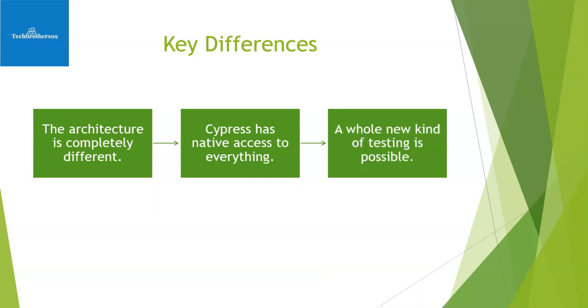The third main feature is that a whole new kind of testing is possible here. Because it has access to everything, you can control the network, create stubs, spies, and a server, and handle network requests. Here a new kind of testing is possible with Cypress.